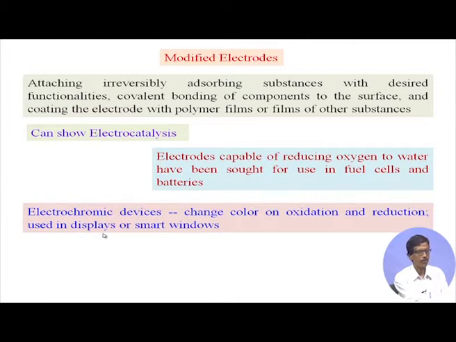That means, if you change the corresponding potential of that particular display, it changes its color, that we see nowadays, the electronic display boards or billboards we call. So, those can change color depending upon the corresponding electron transfer reaction, whether it is going for oxidation or reduction. And some smart windows, that means darkening of the window when you have to shield the typical entry of the daylight.